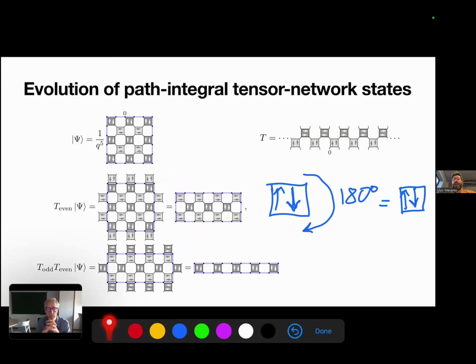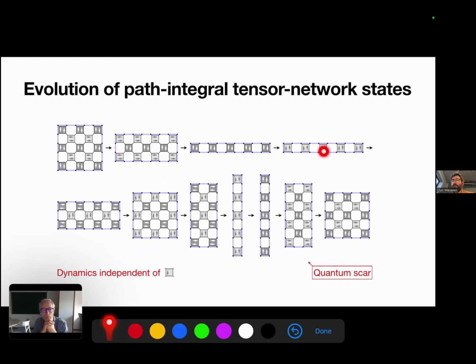I call these T even, the tensor product of all these unitaries, and T odd the tensor product of these darker unitaries. So here I apply only this, and here I apply the two layers, one that moves from here to here, and the second that moves from here to here. You can keep doing so, and you find an orbit. This is the orbit, and the orbit goes back to itself. So it's something like this.